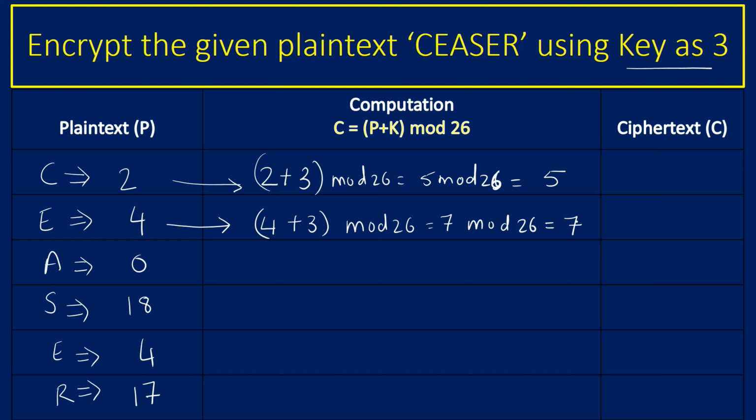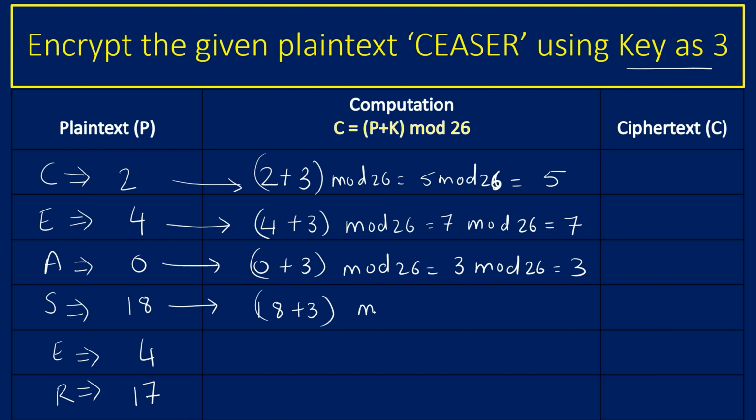Since 7 is less than 26, the resultant answer is 7. The next plain text is 0 plus 3 mod 26, which comes out to be 3 mod 26, and since 3 is less than 26, it will be as it is. 18 plus 3 mod 26 is 21 mod 26, and since again 21 is less than 26, you will keep it as 21.